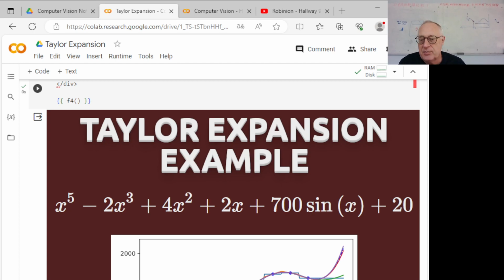The Taylor expansion at the first level is similar to the zeroth approximation.